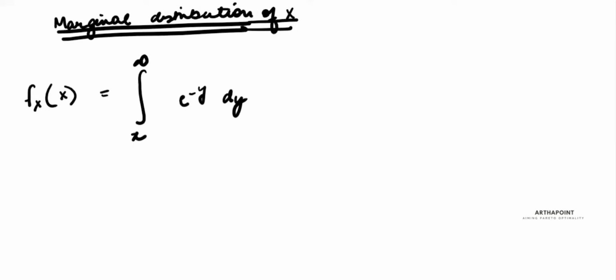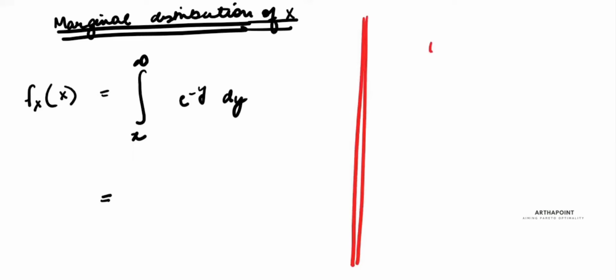When I integrate this function, let's just try the integration for a second here. Let's say that u is equal to minus y. So I know that du is equal to minus dy, so du by dy is equal to minus 1.